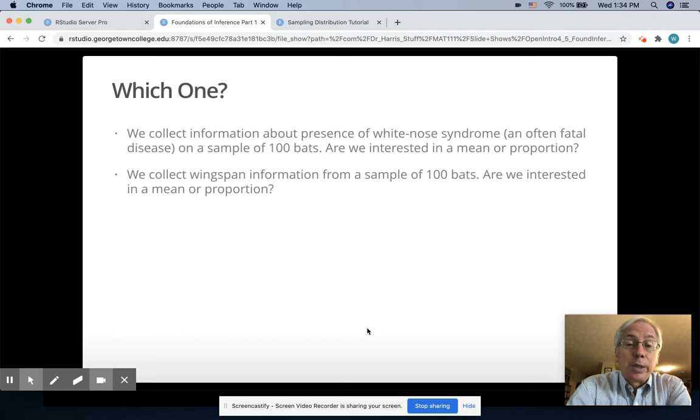In the second question, we're gathering the value of their wingspan. That's a number. So we're gathering numerical information, how long it is from one wingtip to the other for these bats. Since we're collecting numerical data, we're talking about a mean, in this case, a population mean, the mean wingspan for those bats.